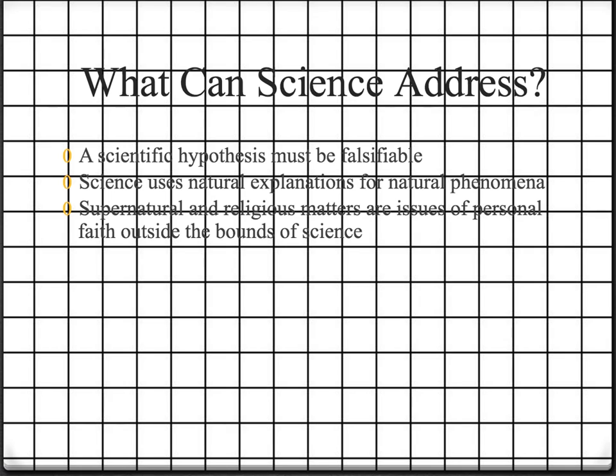Science has its limitations, though. One thing about doing a scientific inquiry is that a hypothesis must be falsifiable. You must be able to say that this is not true. So for instance, if you have a flashlight that doesn't work, you go to turn on your flashlight, you're out camping and it doesn't work.